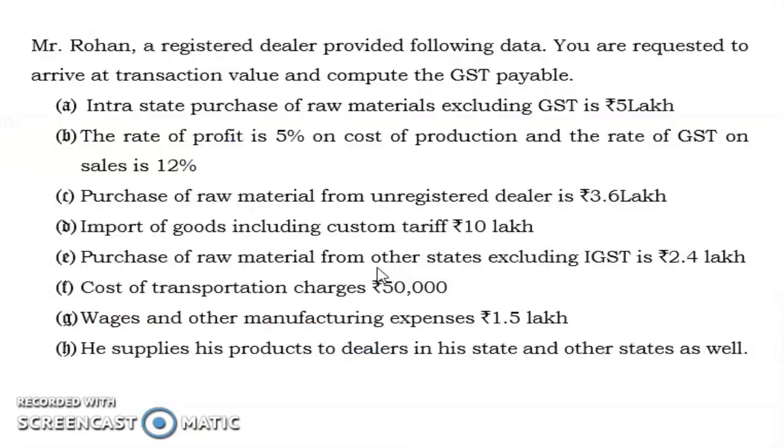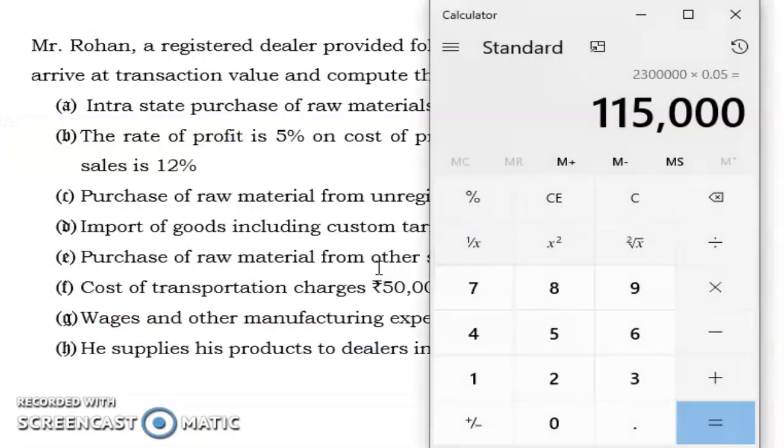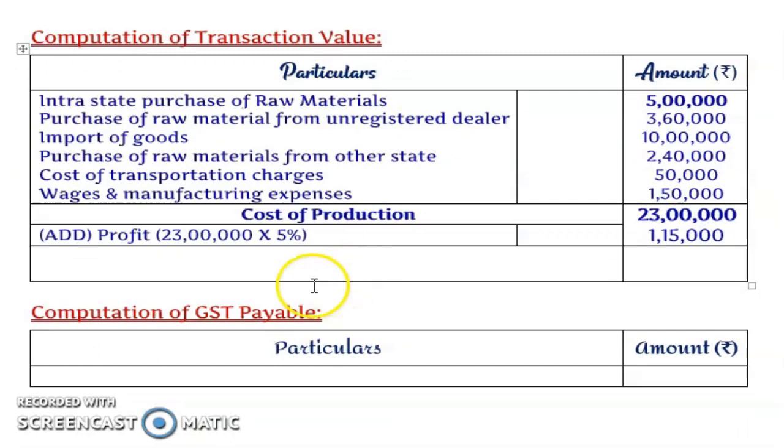We have almost considered all the values which are given. So this will be equal to our transaction value, which is 23 lakh plus 1,15,000, which is 24,15,000. Okay, 24,15,000 will be our transaction value.